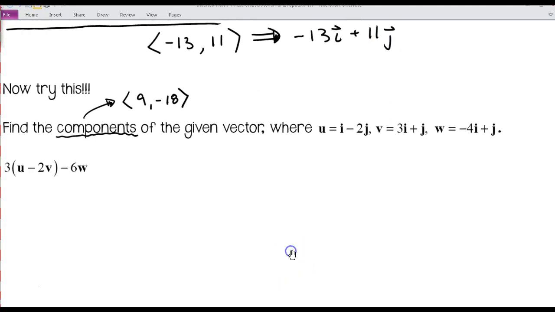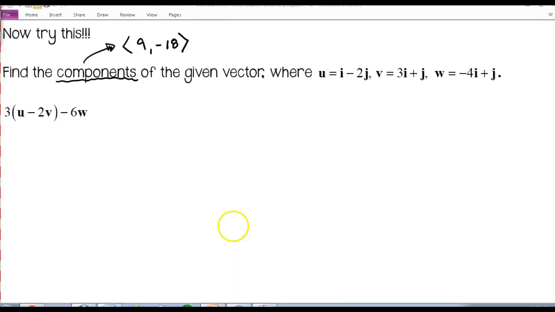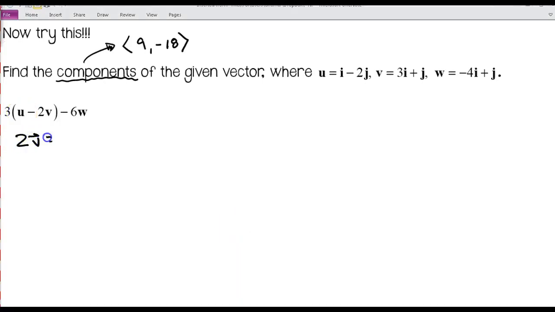Alright, now for this one, it's a little bit more complicated. We want to find 3 times the quantity u minus 2v, minus 6w. So I'm going to work this out in parts. Let's do 2v first. So 2v is going to be 2 times, and again, I'm going to convert these to component form.